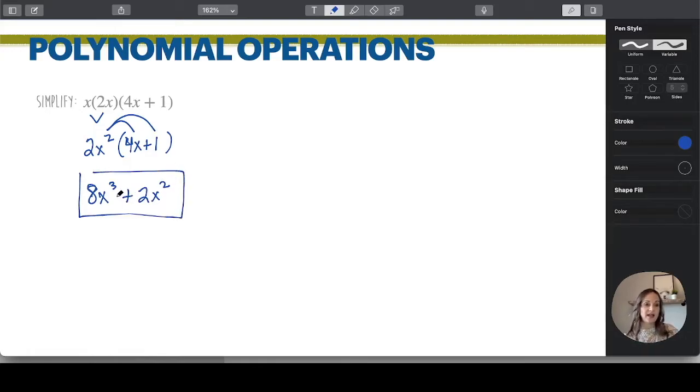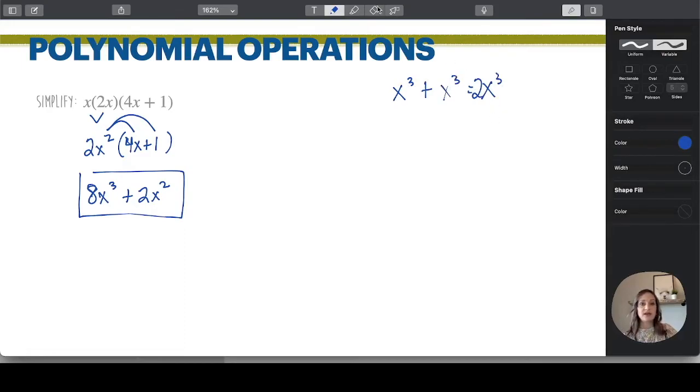Do not add x cubed plus x squared to give you x to the 5th. You cannot add terms that have different exponents. So x to the 3rd plus x to the 3rd would actually give us 2x to the 3rd because there are 2 terms with x to the 3rd.